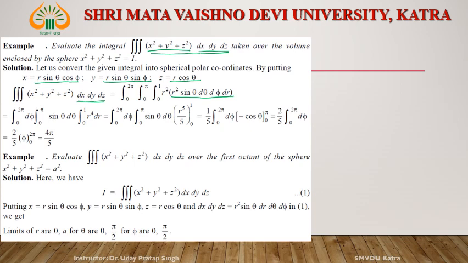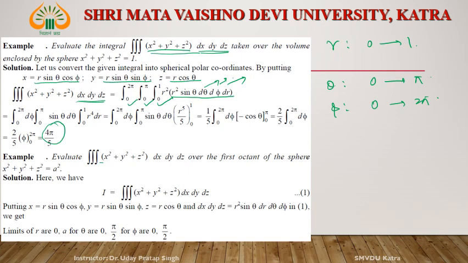Since x squared plus y squared plus z squared equals 1, r varies from 0 to 1, theta varies from 0 to pi, and phi varies from 0 to 2 pi. This is the limit of r, theta and phi. First we evaluate with respect to r, then theta, then phi. Evaluate this integral. This is the value of the integral.